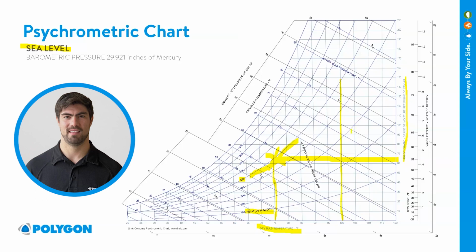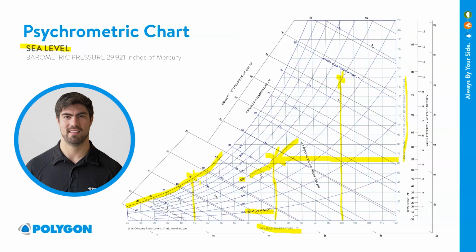It also might show us that it gets all the way up to 150 grains right here, which happens to be on that same 50% relative humidity line. It also would show that we have 45 degrees and potentially 100% relative humidity, which is this top line right here, the edge of the chart. It might show us that this is as cold as it gets.